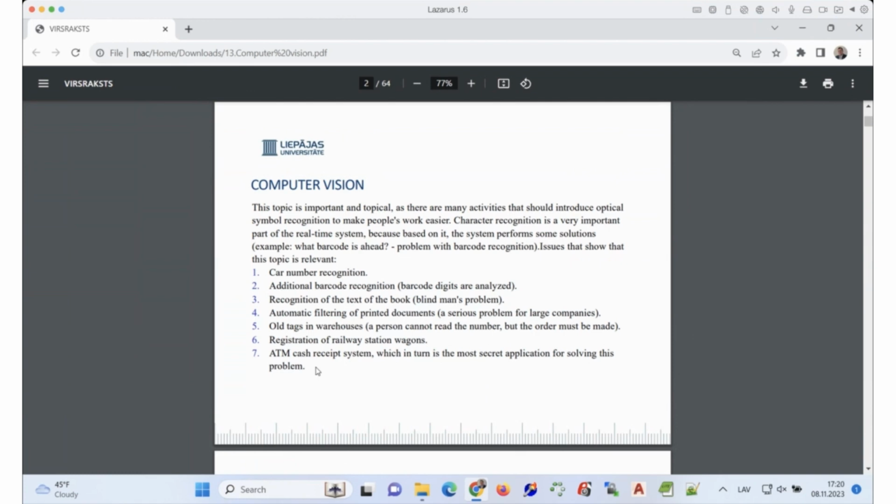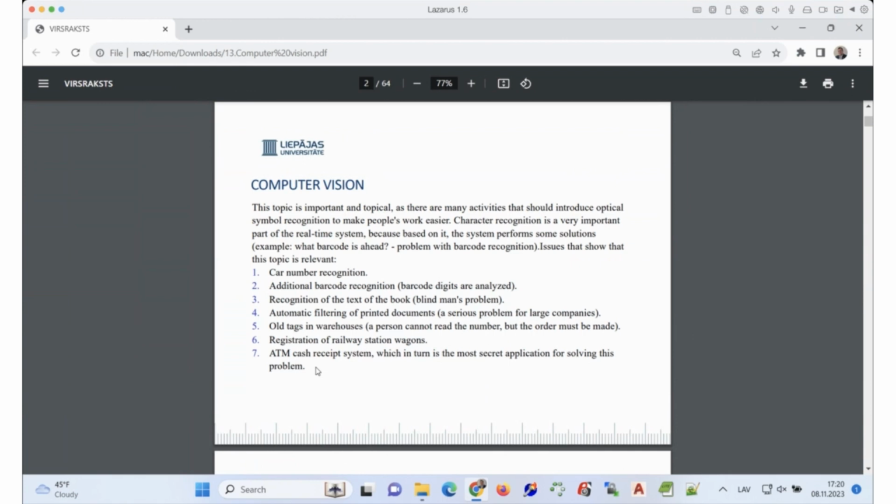Next, the blind man's problem, like recognition of text. You know the devices which allow books to be read for blind people. Automatic filtering of printed documents. Well, again, labels in the warehouse, but in a bit different way.